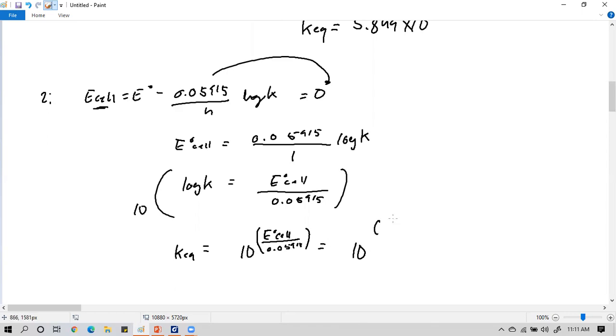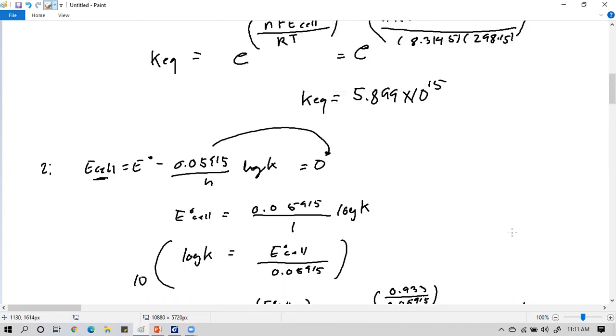Okay. Now, let's substitute the known values. The E cell is 0.933 all over 0.05915. So, ang sagot naman dito is 5.935 times 10 raised to 15.